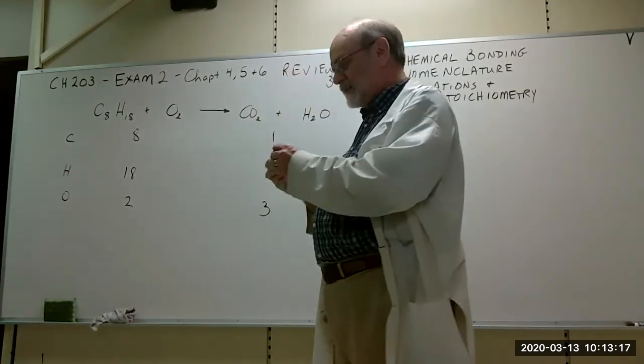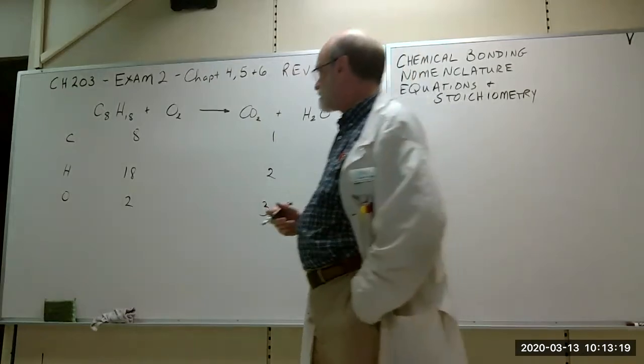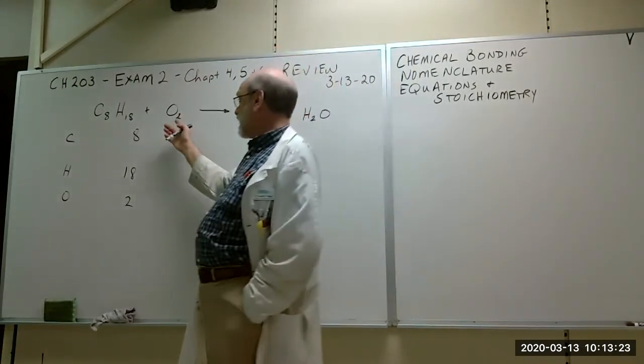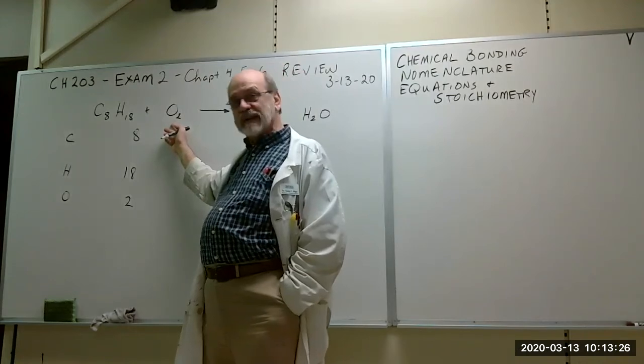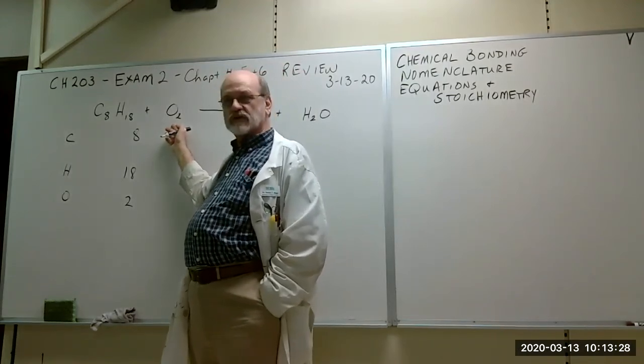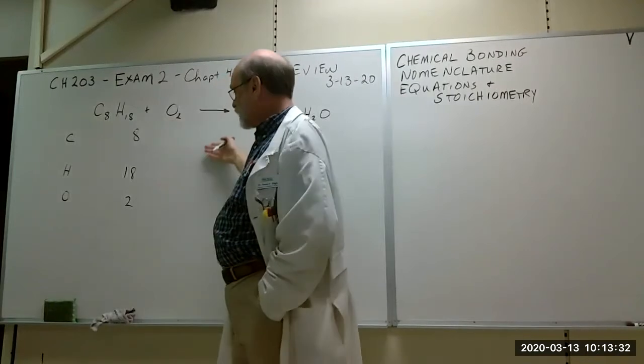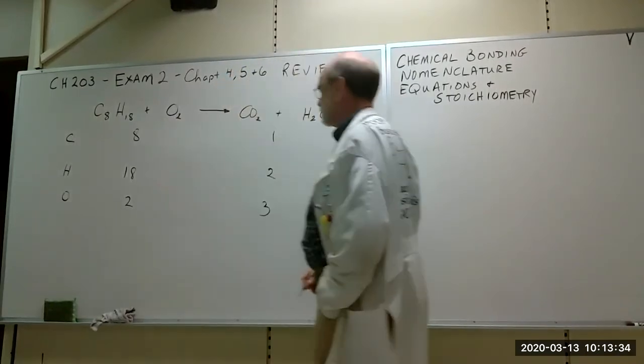Okay? So what's the first trick? Look for elements by themselves. That element's right here by itself. Leave it alone. Don't do the oxygens first. Save them till last. So now we have to choose between carbon and hydrogen.